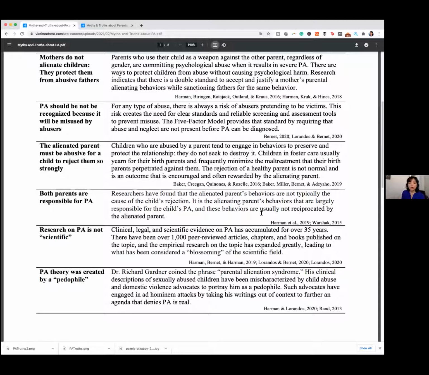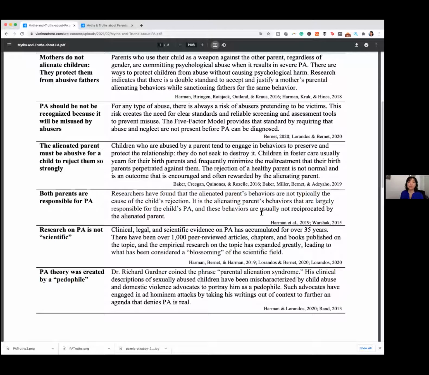Now, once in a while, you will have a hybrid case, where both parents engage in alienating behaviors, like bad mouthing the other parent, brainwashing the child, or trying to destroy the child's relationship with the other parent. But very often, that's not the case.